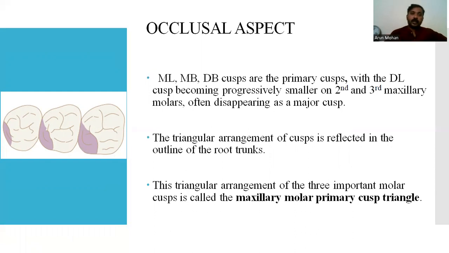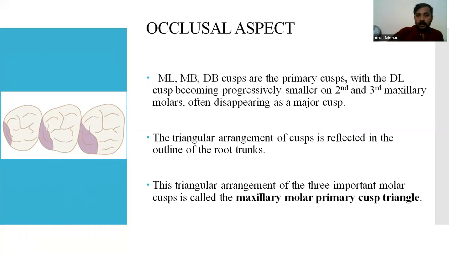The triangle formed by the mesiolingual, mesiobuccal, and distobuccal cusps is referred to as the maxillary molar primary cusp triangle. The maxillary first molar will have a somewhat prominent distolingual cusp, which gets smaller as we go to the third molar, many times disappearing completely.